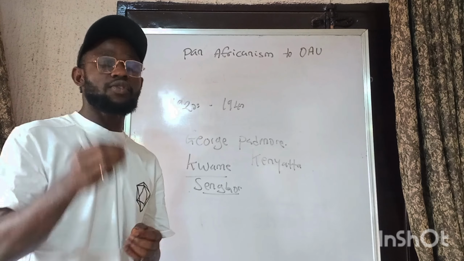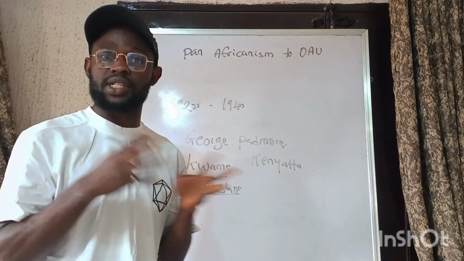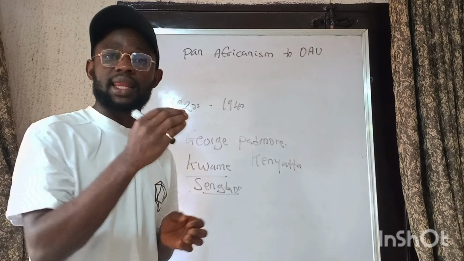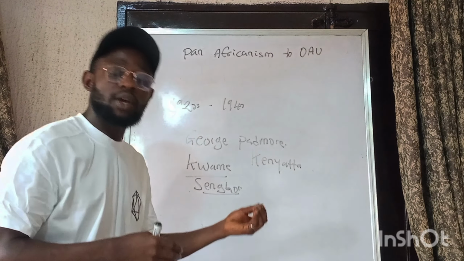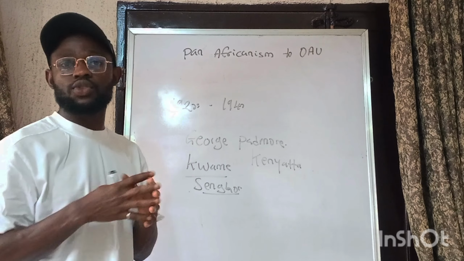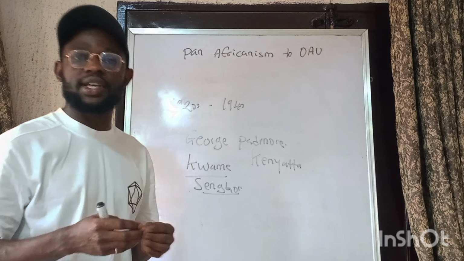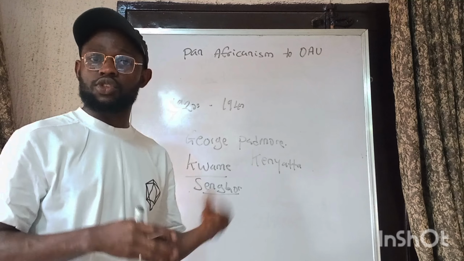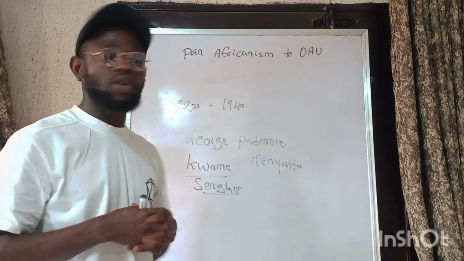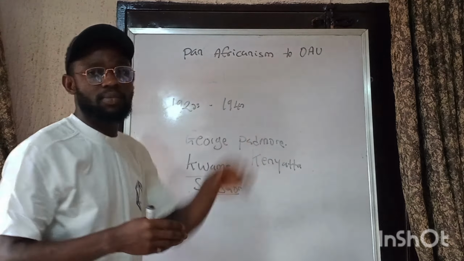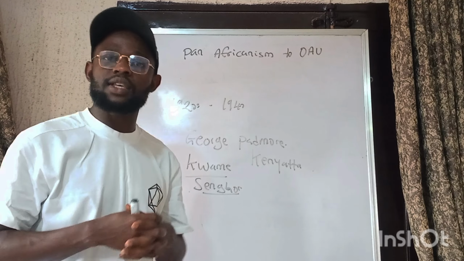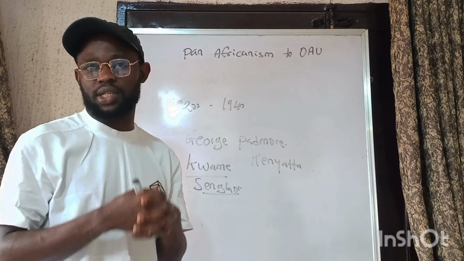They had another conference in Brussels in Belgium in 1921. They had a conference in Lisbon, which is in Portugal, in 1923. They also had a conference in New York, in the USA, in 1927, but the last conference they held as regards Pan-Africanism was in 1945, in Manchester.